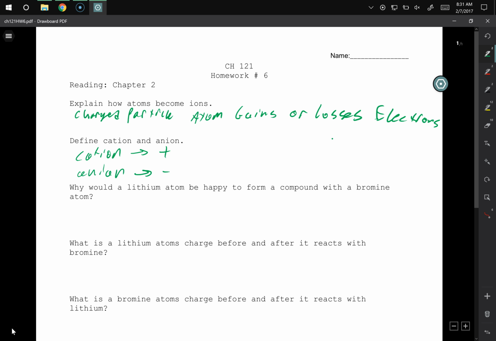Why is lithium happy to form a compound with bromine? Or other way around? So which is it? What's bromine want to do?